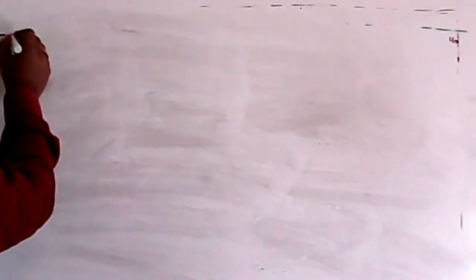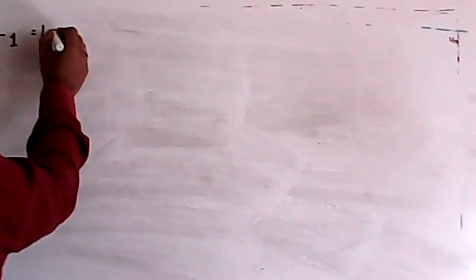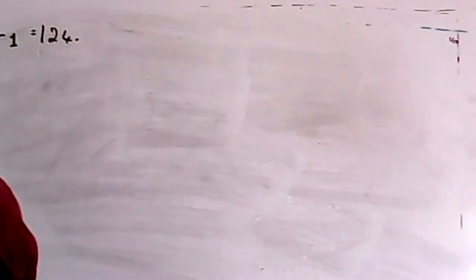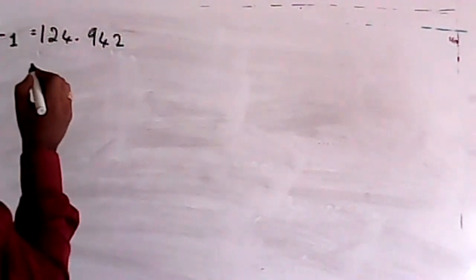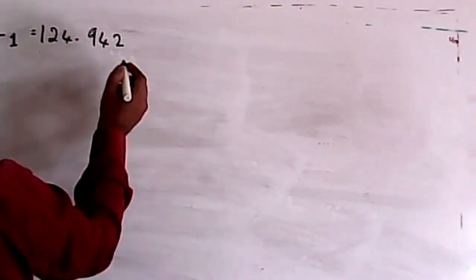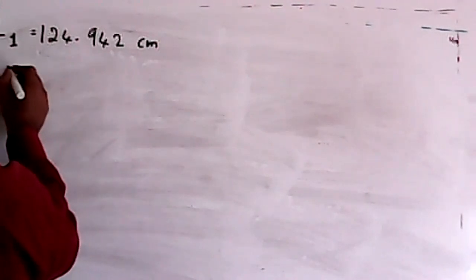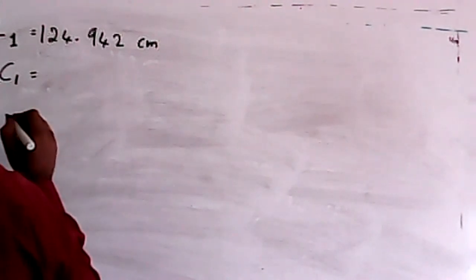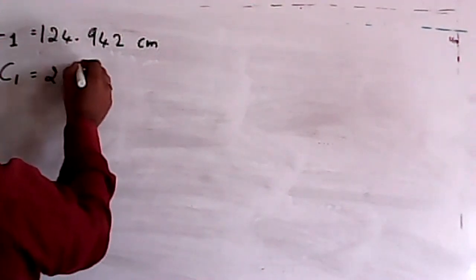If the length in the beginning, let me call it length 1, is 124.942 centimeters, when the first temperature C1 is 20 degrees Celsius.